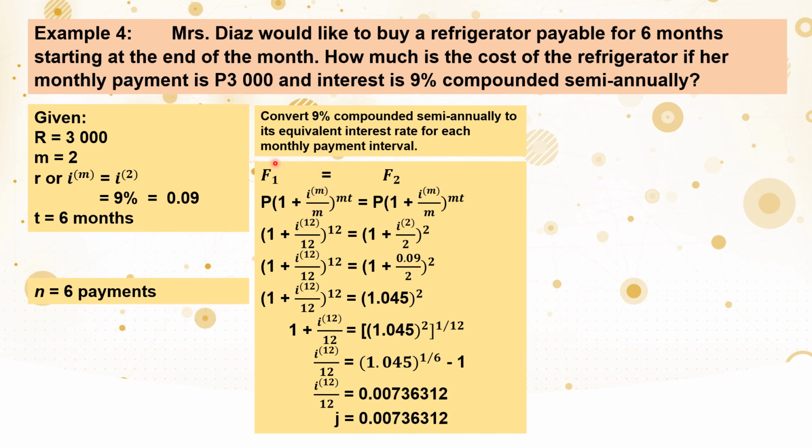So since it is monthly, our M is 12. So papalitan natin yung M dito ng 12. So we have now 12, 12, 12. And for F sub 2, it is the interest rate compounded semi-annually. So since it is semi-annually, yung M natin ay 2. So papalitan natin yung M dito ng 2. So we have now 2, 2, 2.